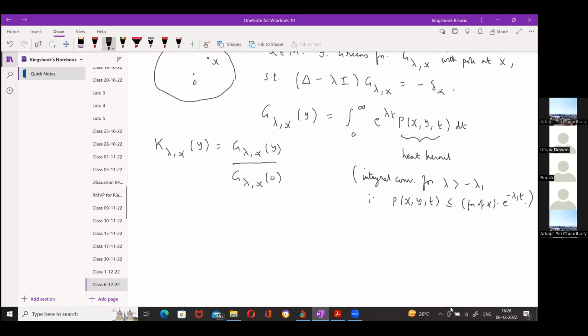Now the fact is, for any xi in the boundary of M, and this is a highly non-trivial fact, as x tends to xi, the limit of k lambda x of y exists.